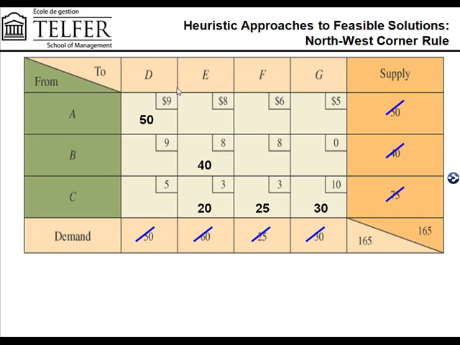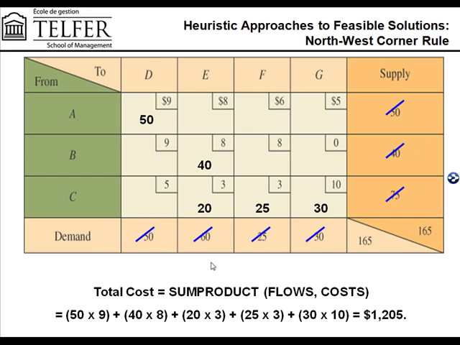Also, the cost of transportation per unit is given to you, so it's going to cost you 50 times $9 for the transportation between A and D. It's going to cost you 40 times 8 for the transportation between B and E, and same thing for C to E, C to F, and C to G. So your overall cost of the solution then is simply the sum product of flows and costs.